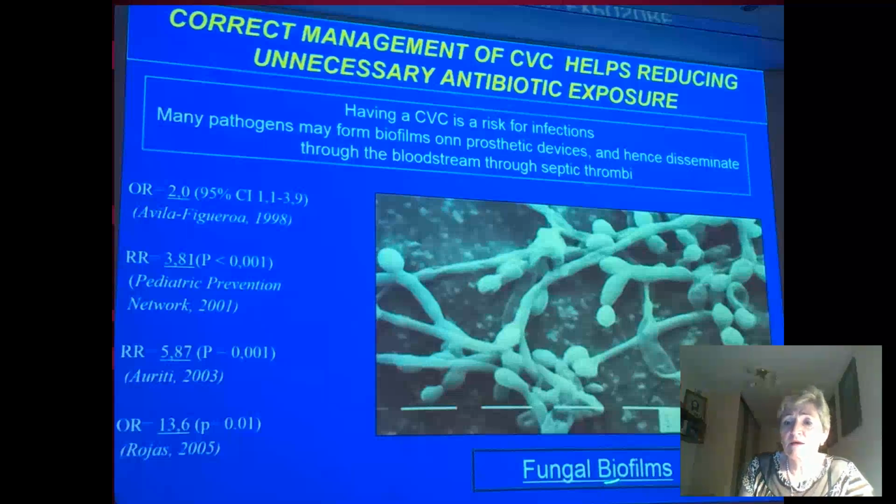And these biofilms may be a main cause that leads to disseminated infection and activates bloodstream infection.